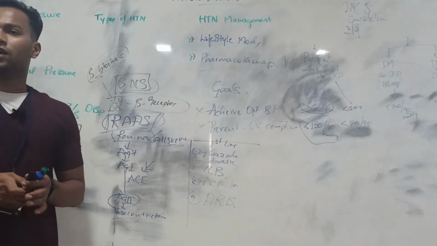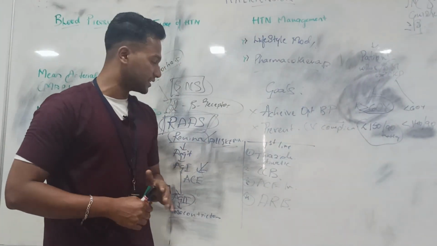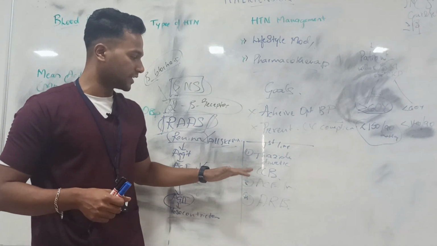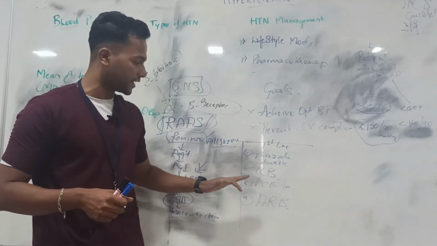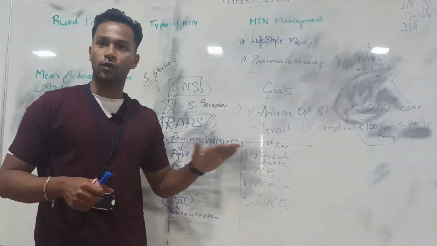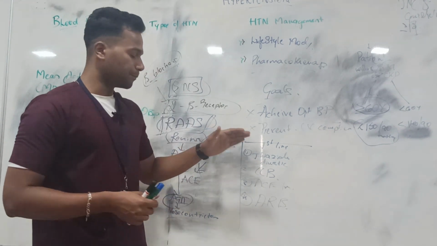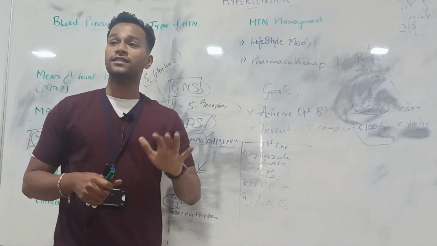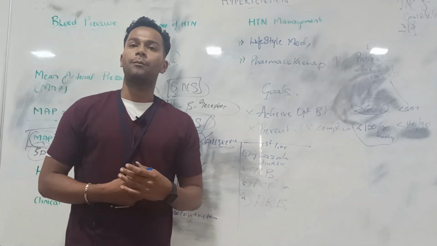So what the studies or the guidelines say is there is no preference of one over the other. I mean, you can't say CCB is better than thiazide or thiazide is better than ACE. So all have equal priority. So the choice will depend on the patient's underlying conditions.